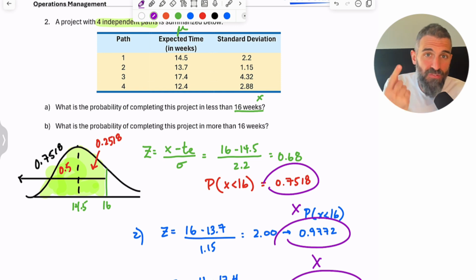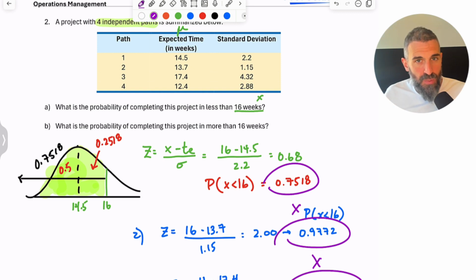As long as one of them took more than 16 weeks, the entire project would take more than 16 weeks. So it's not the same thing. So please, whether we ask you less than or more than, your first step is always less than. And then if you want more than, take the complement, right? Subtract it from 1, and you'll have your answer.